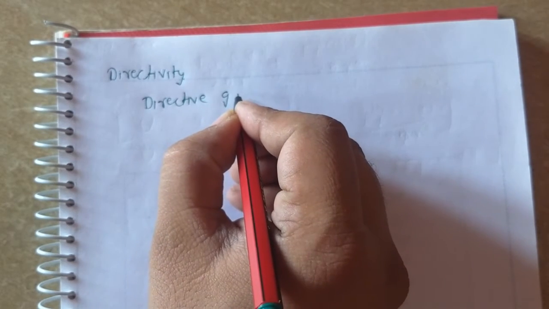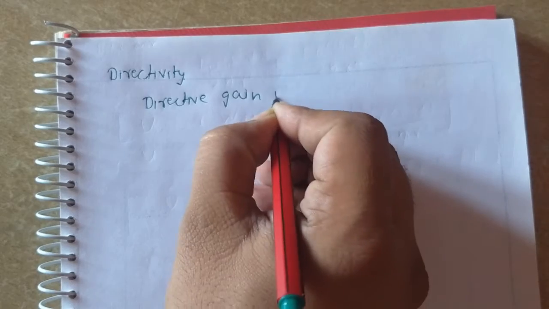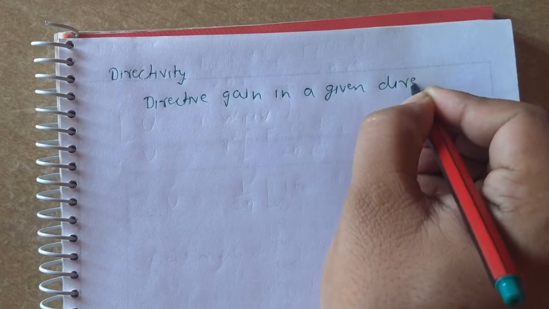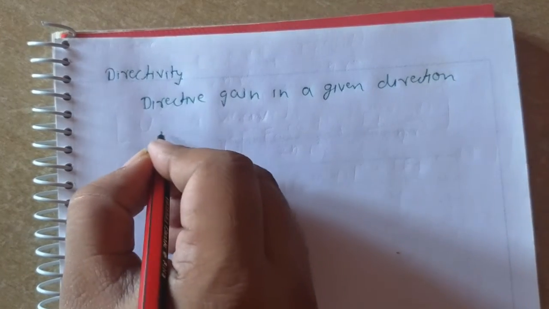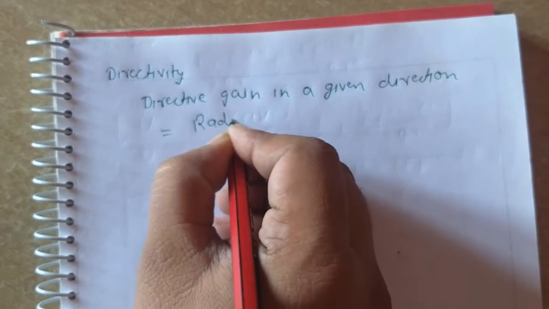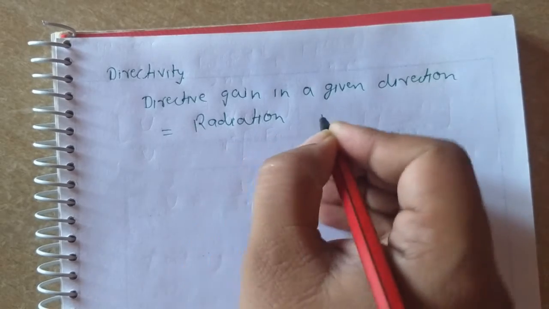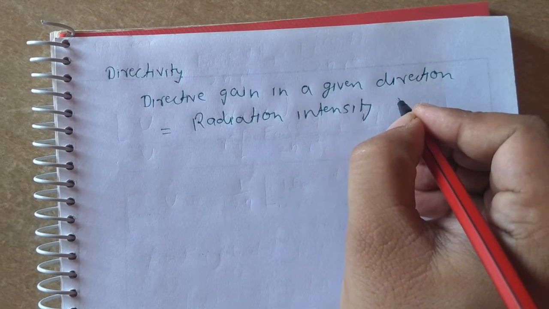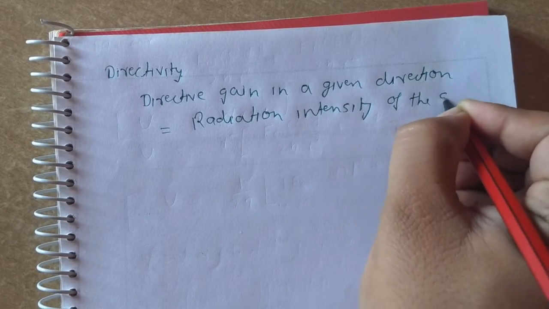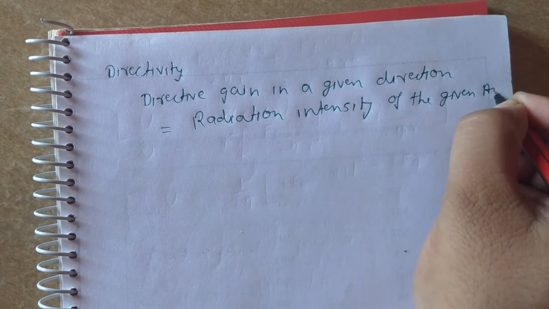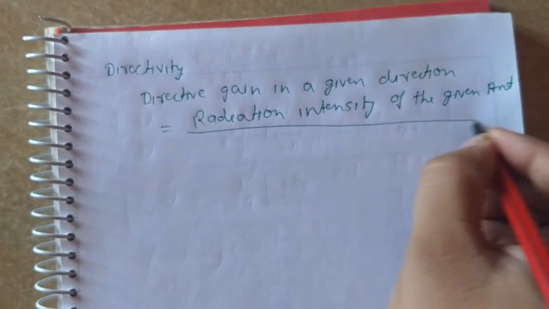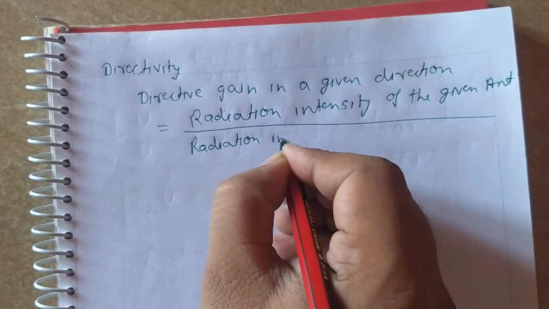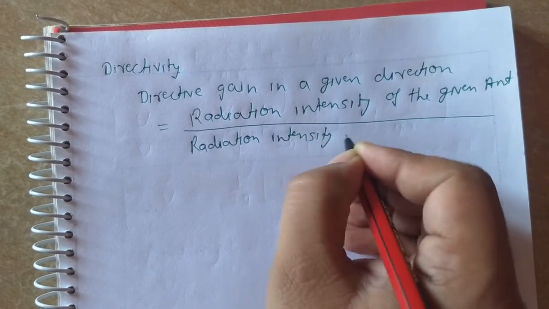Directive gain of an antenna in a given direction is defined as radiation intensity of the given antenna divided by radiation intensity of reference antenna.